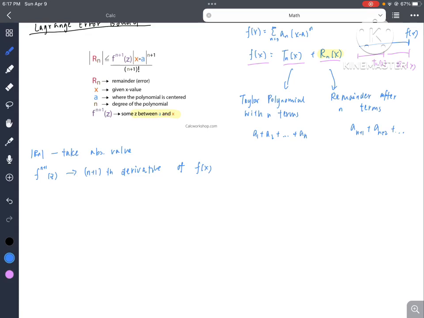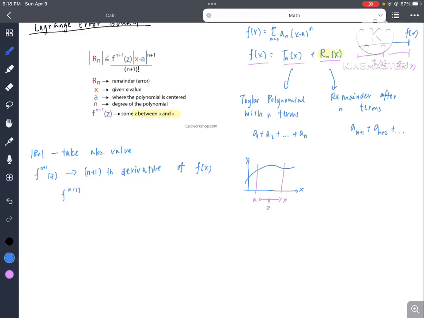So if we have an interval with a function, in this interval a to x, there will be a value z. So z is within the bounds because this is where we are trying to make the approximation.